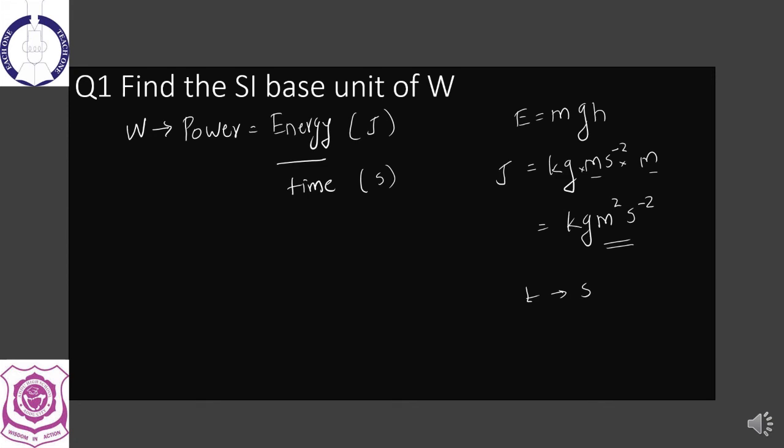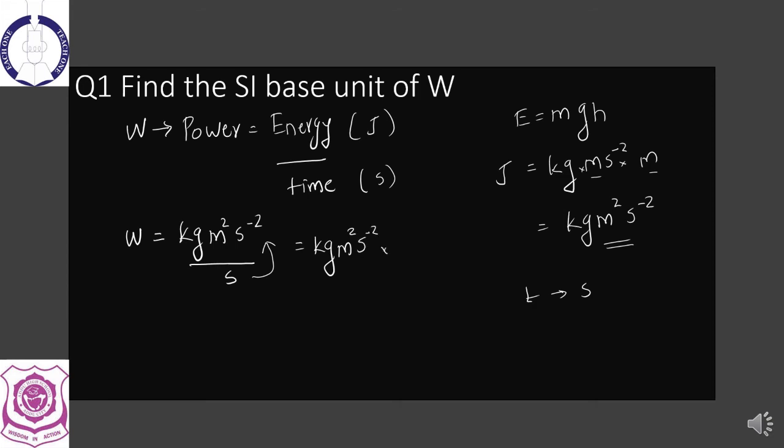So when I put the kilogram m square s to the power minus 2 back into the equation, you have watts equals, for energy joule, kilogram m square s to the power minus 2 divided by s. And we won't be writing anything in the denominator, so I want to bring s back to the numerator. This becomes kilogram m square s to the power minus 2 times s to the power minus 1.